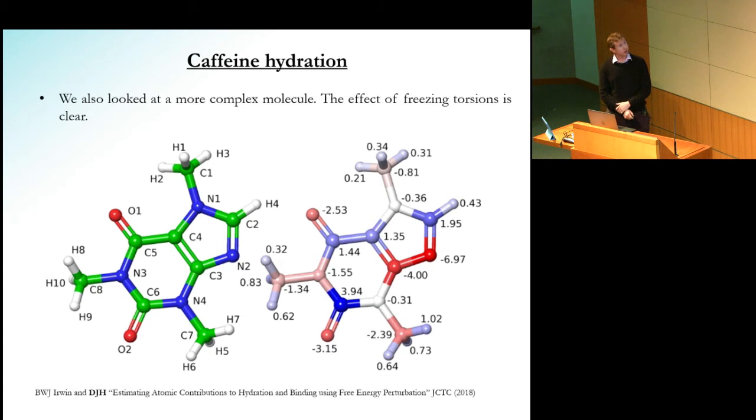Okay, we're all thinking about caffeine at this point, and so that was the next molecule that we looked at, just to look at a slightly more complex molecule to see what happens. You can see the methyl groups here are overall hydrophobic. When you sum together the entire contribution, it becomes a little more complicated. In a carbonyl group like this, the oxygen atom is favorable towards hydration.